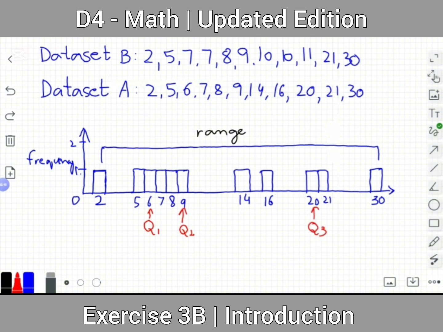And this is the interquartile range. We can notice that histograms help us visualize the spread of data values more clearly than the numbers.